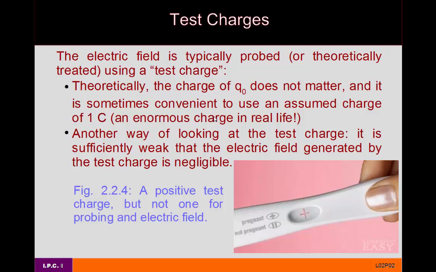In experimental terms, we need it to be a very weak charge, so that the field generated by it is very negligible compared to the existing field. Theoretically, it doesn't matter as much because we treat the test charge as the only charge that doesn't generate a field. If we use a 1 coulomb test charge, then the units end up working out nicely.